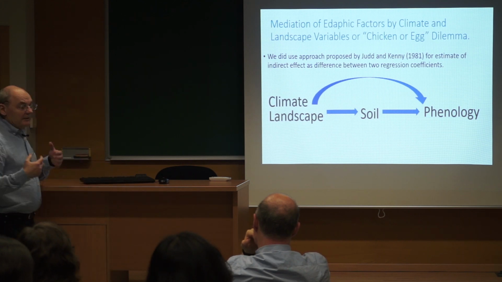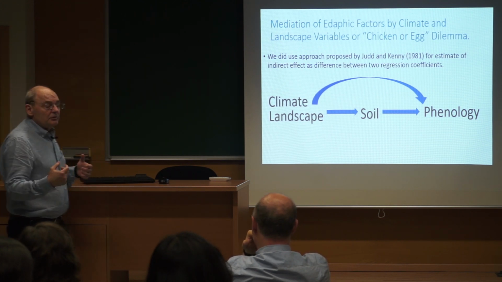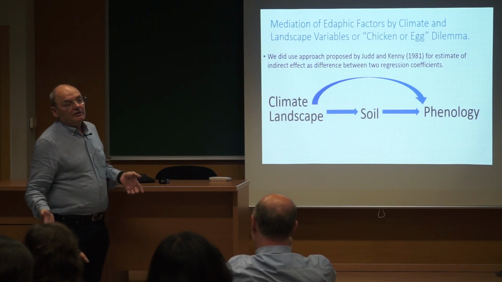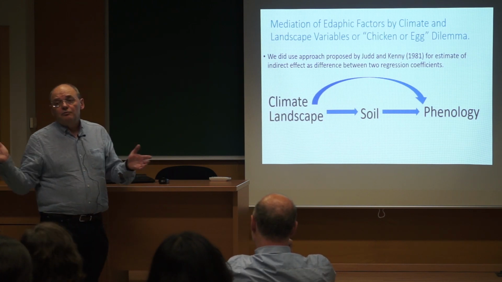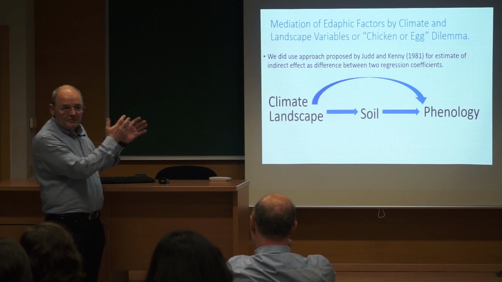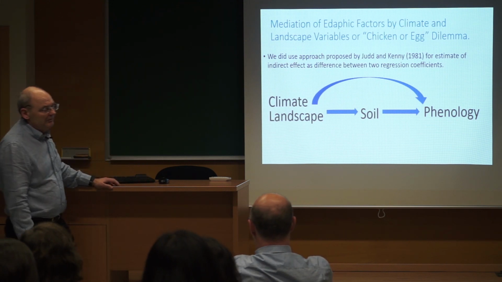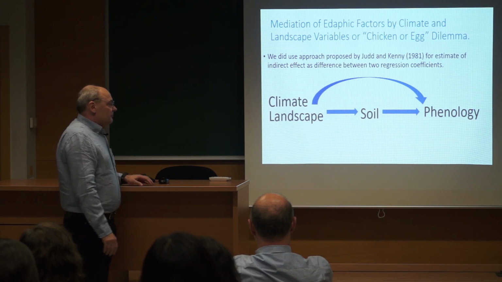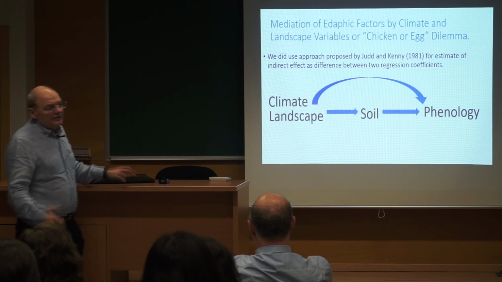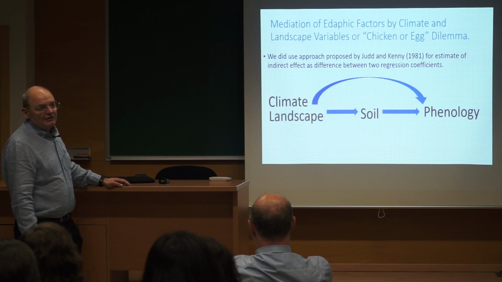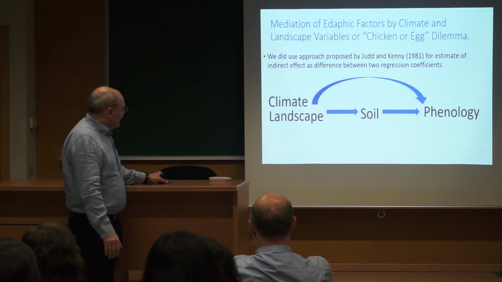If in the multiple regression the coefficient for a certain variable becomes insignificant, it means that this variable is fully mediated by another variable, and so you leave only the variables which are still significant in the multiple regression. If both of them are significant, it means that there is a partial mediation.